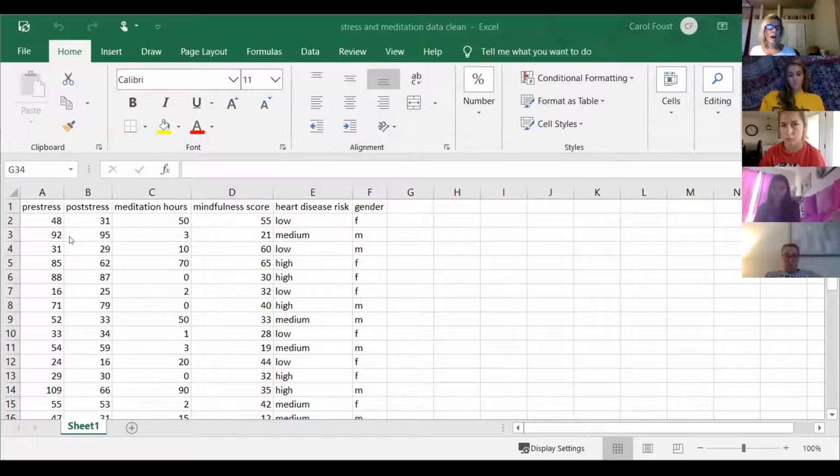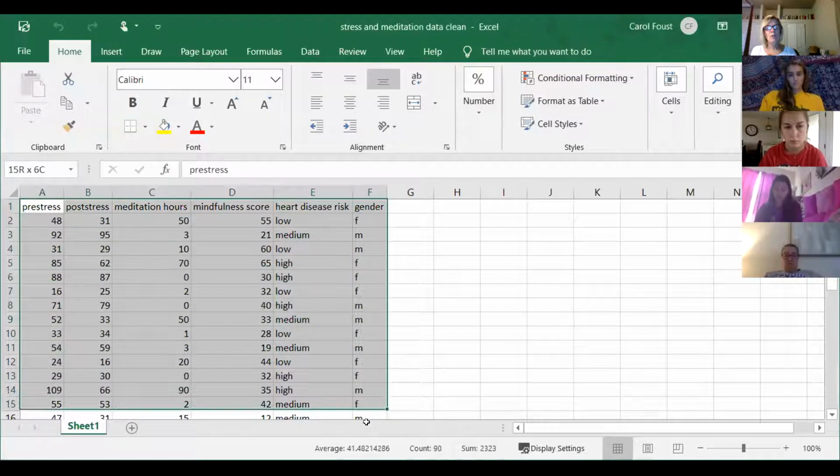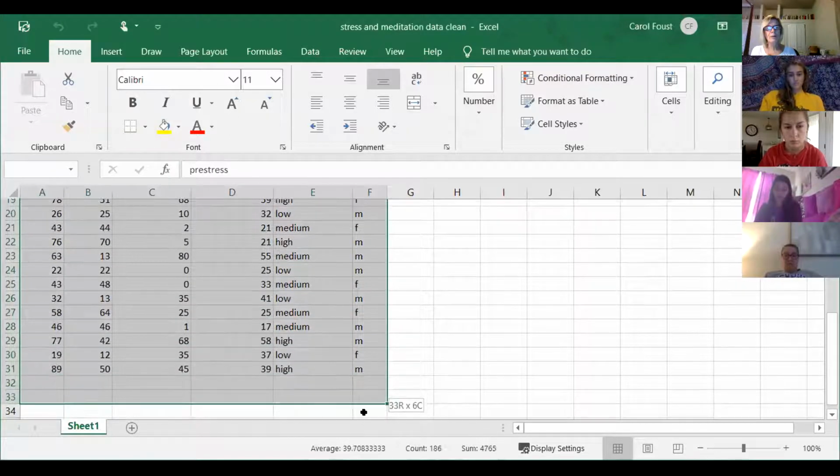Okay, so I've got males and females, and I ask you to sort them by male and female to tell me if one was higher than the other at post-stress. But I also ask you to sort by their disease risk. So remember, whenever you sort, you have to grab the whole group.